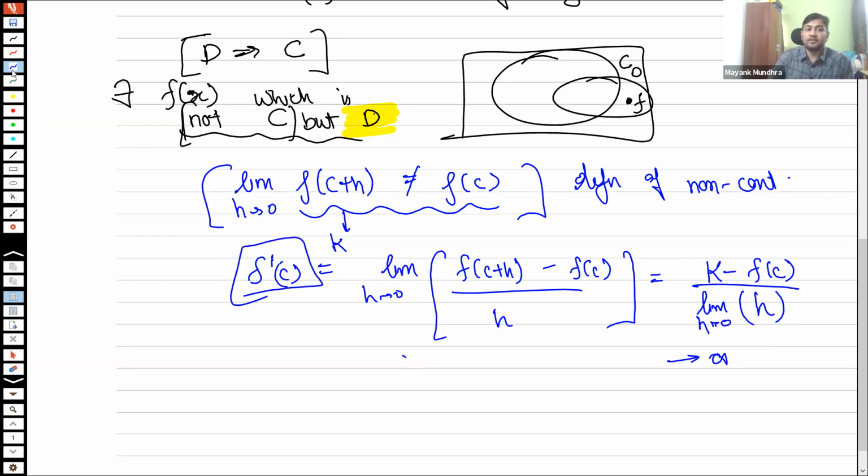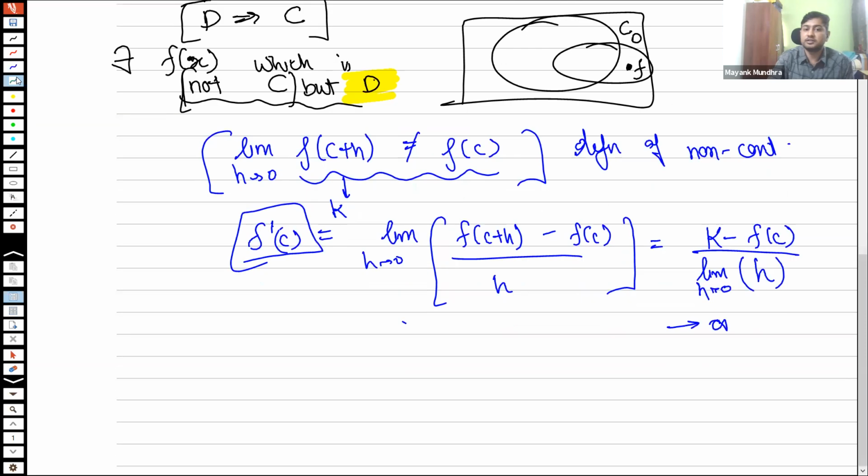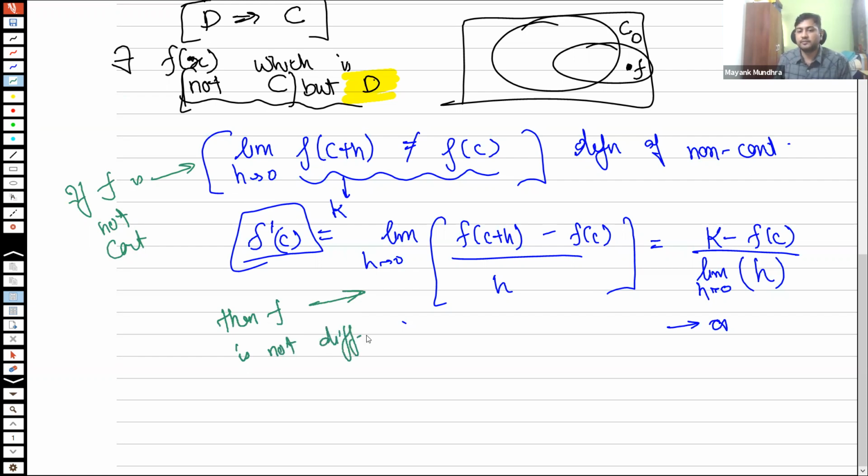The moral of the story is that if f is not continuous, then f is not differentiable.